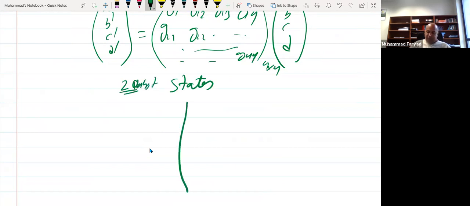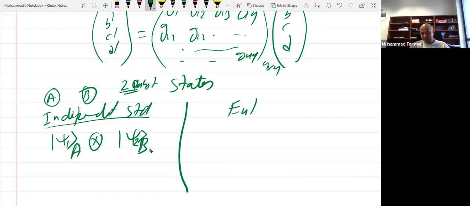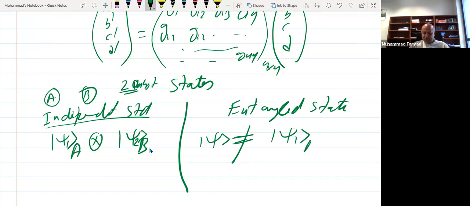Okay, and we can think about two types of states. I have 2 qubits, and one type of states are independent states, that you can express the joint state of the system as some state of qubit A and some state of qubit B. But there could be combined states or entangled states or correlated states of these two qubits, such that the state cannot be written as a product of qubit A state and qubit B state.